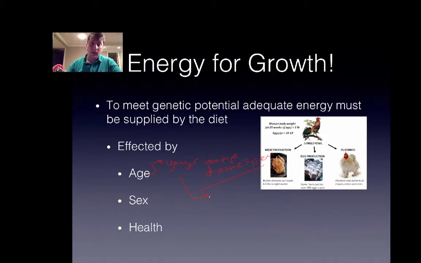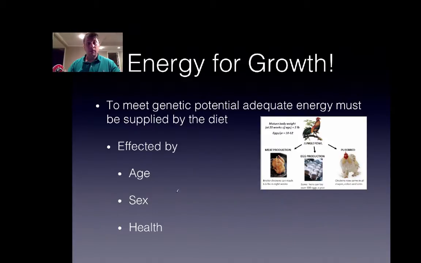And another thing is they're also going to eat less, so they'll eat less per unit of body weight. And so what this all equates to is they're going to need a more energy and nutrient dense feed.